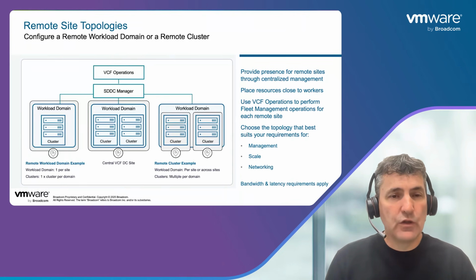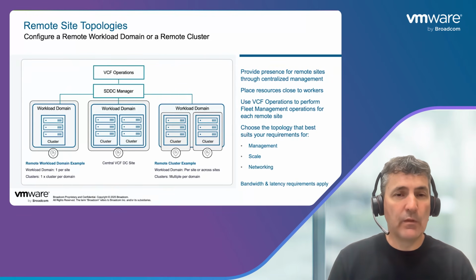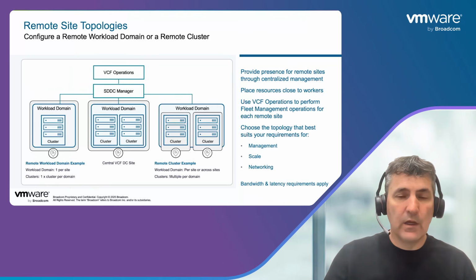They can basically choose an architecture that works well for them, and keep in mind there are implications on those decisions, as it may influence the type of networking they use, or it may influence how much bandwidth or latency requirements are needed, and the availability of those as well. So the point here being, again, flexibility and the ability to basically support deploying VCF at the edge in these remote topologies, using a number of different supported topologies with Cloud Foundation.